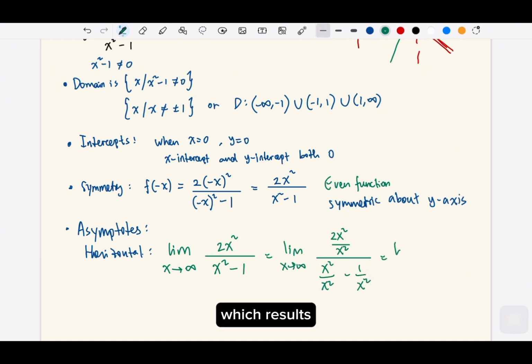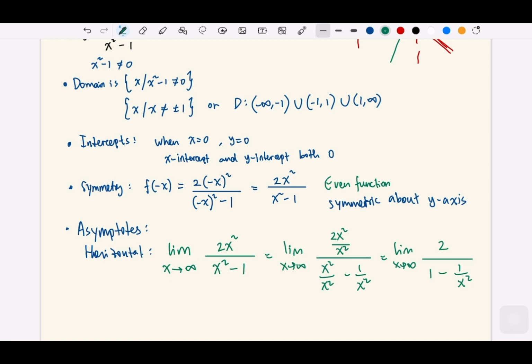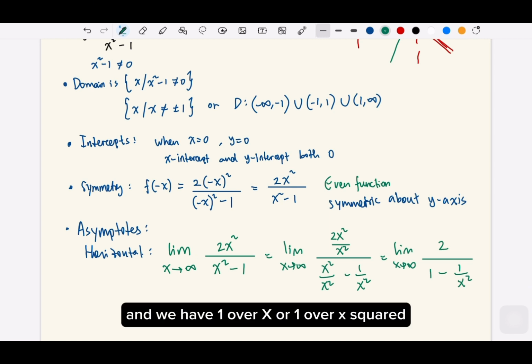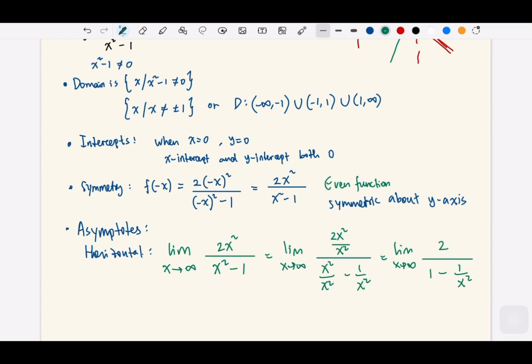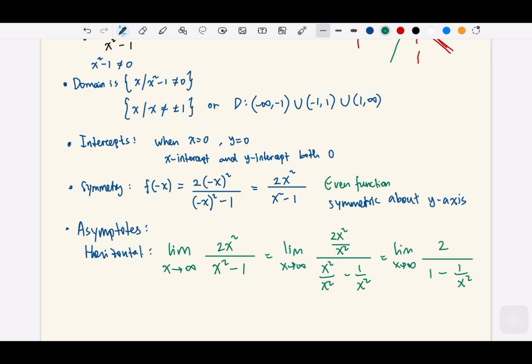Which results in this one being 2, this being 1, and this will be. And whenever we have 1 over x or 1 over x squared, when we take the limit going to infinity, this will go to 0, right? So that's why we have 2, okay?